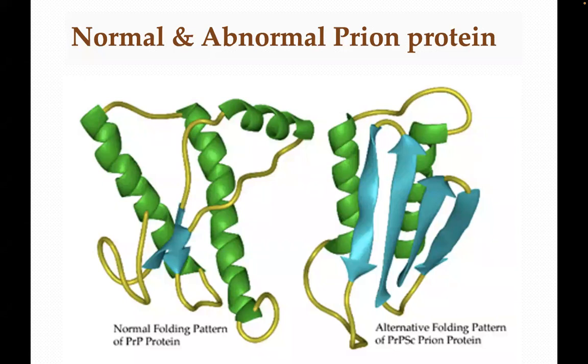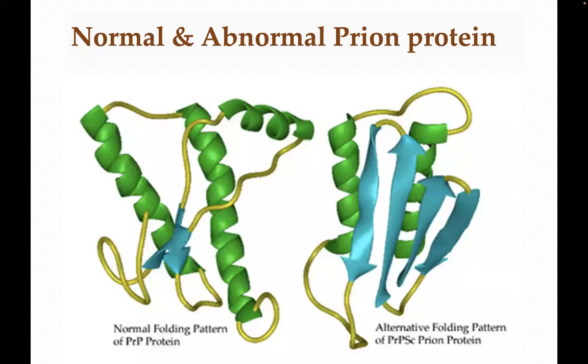Remember, we said these prion proteins have genes that are encoded in the cell. So normally the cells would produce these particular proteins. The dominant tertiary form when it is folding is the alpha helices.